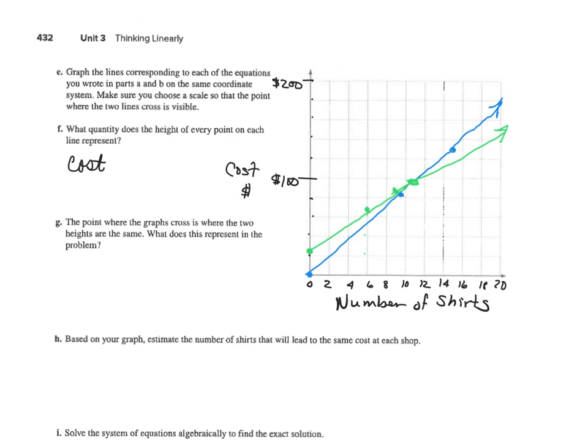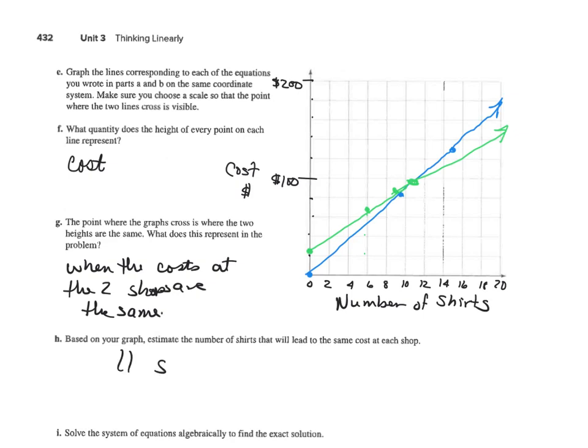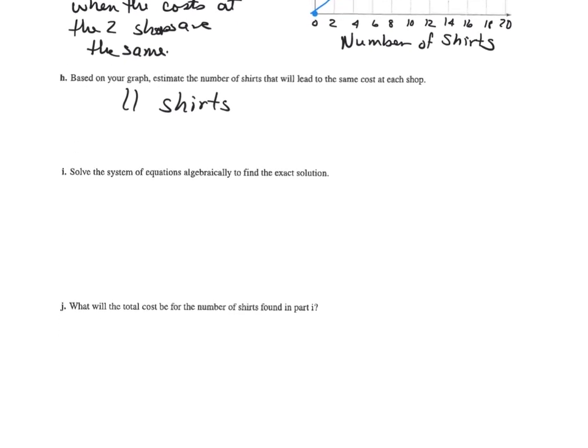We're going to say when the costs at the two shops are the same. And again, we're looking still at 11 shirts for our number of shirts that will lead to the same cost.